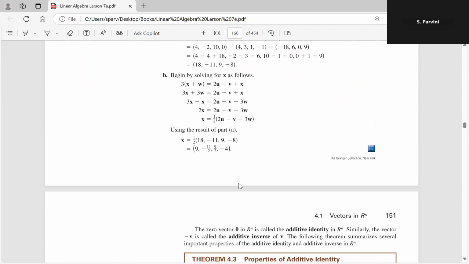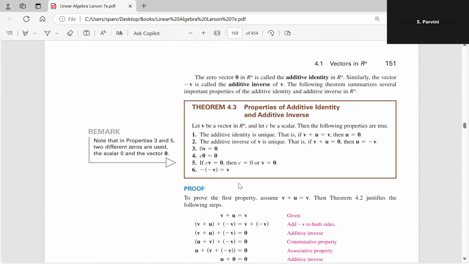Now, let's see what else. Now we're going to look at properties of additive identity and additive inverse. Remember, the additive identity would be 0, right? So we have a vector in Rn and a scalar. The theorem says the additive identity is unique.